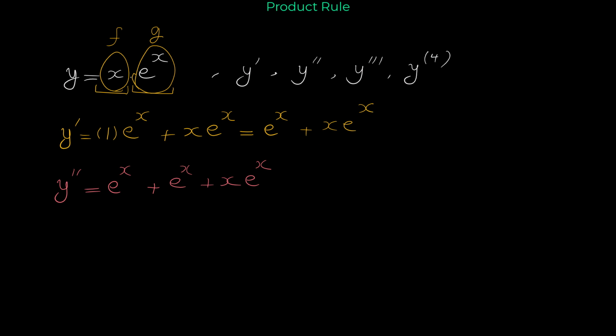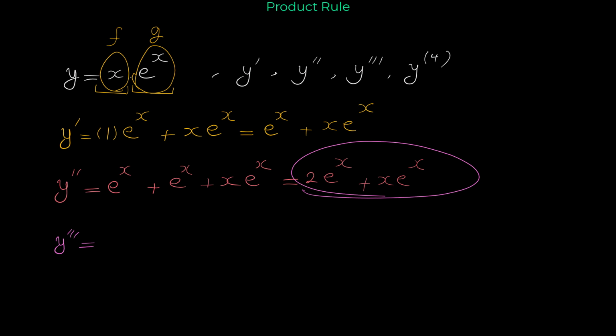If we want, we can simplify our answer. E to the x plus e to the x is 2e to the x plus x e to the x. Now let's find the third derivative. And for finding that, we have to find the derivative of this expression.